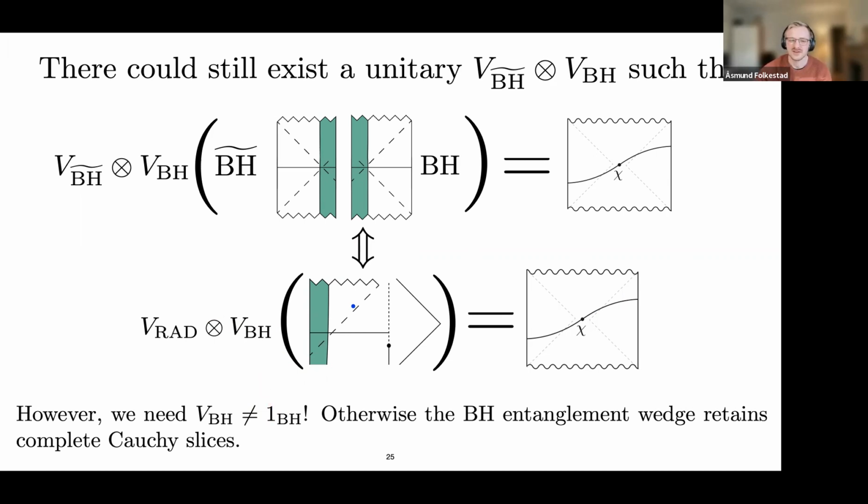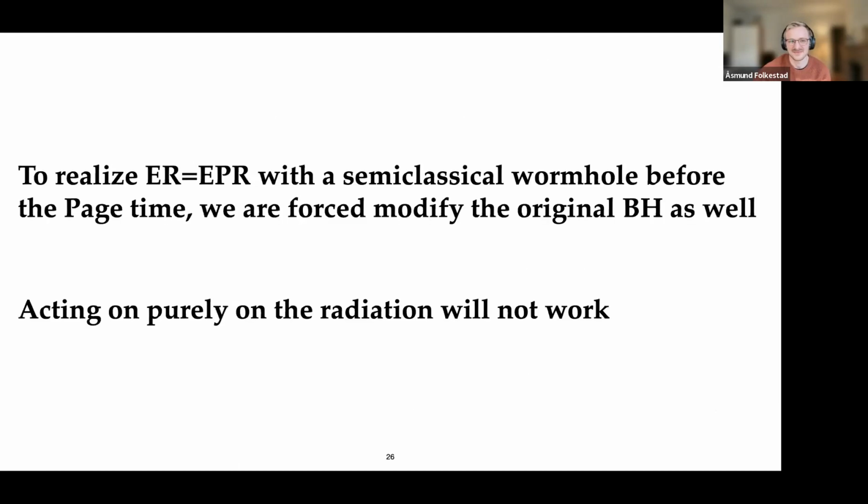That's because if we don't act on the BH subsystem, then the entanglement wedge of BH, which is just this whole thing, is unchanged. So it just continues having complete Cauchy slices. But then you cannot connect a wormhole into it. The Cauchy slice is complete. It's impossible to glue anything to something that's complete. So to realize ER equals EPR with a semi-classical wormhole before the Page time, we are forced to modify the original black hole as well. Acting purely on the radiation will not work.